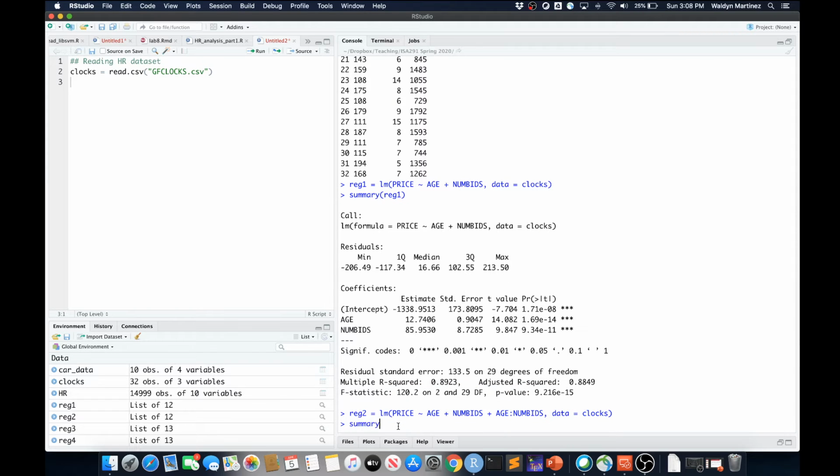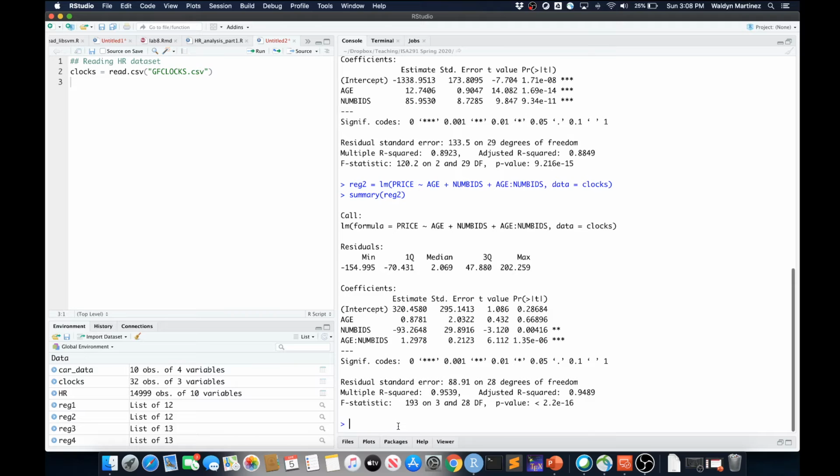Right, so let's take a look at the summary here. There are a few things to take away from this. First of all, the interaction is significant. What that means is that there really is some joint effect when age and number of bidders are together.